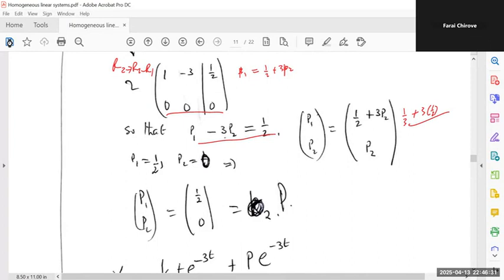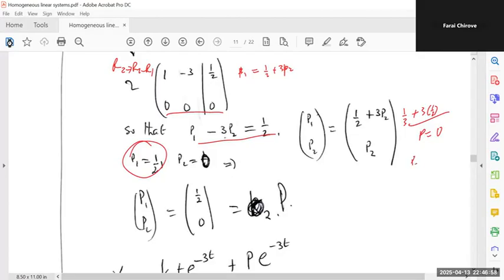That was the choice. Or you could even have said P2 is equal to 0, and you get P1 is equal to half, P2 is equal to 0.